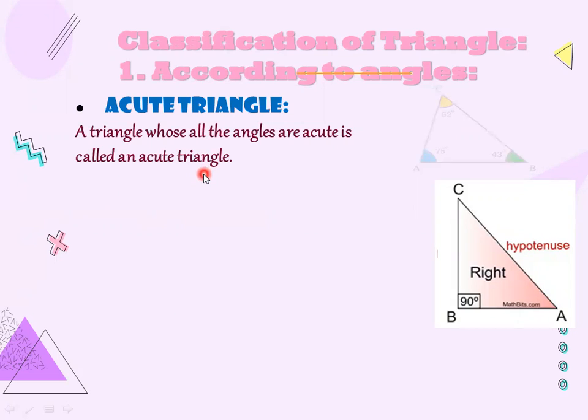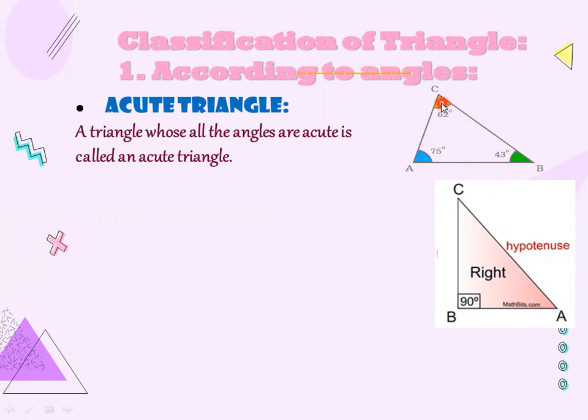Now let's consider this figure. As you can see, this is a triangle as it is bounded by three straight lines. The measurement of angle A is 75 degrees, which is less than 90 degrees. The measurement of angle B is 43 degrees, again less than 90 degrees.